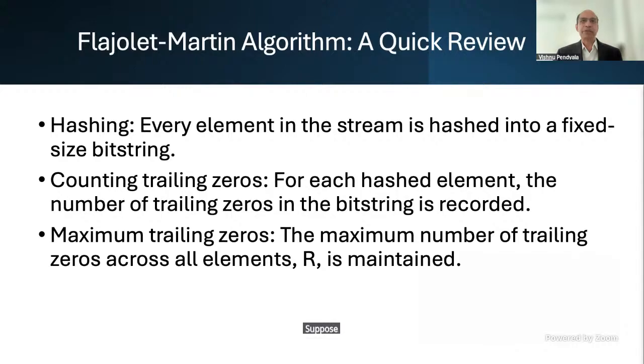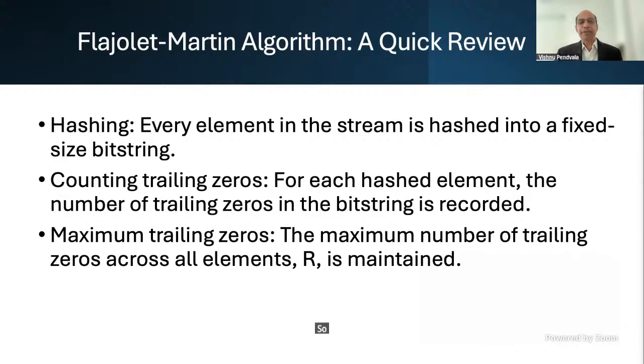Suppose the current hash number is 16, right? 16 is 1 followed by 4 zeros. So what is the maximum number of trailing zeros we have seen so far? It is 3, right?